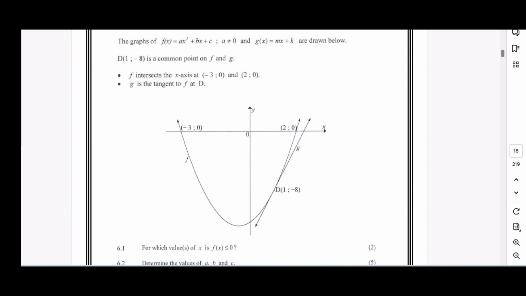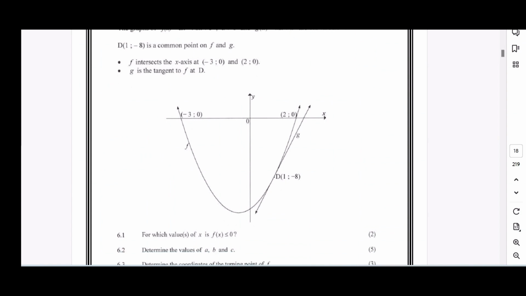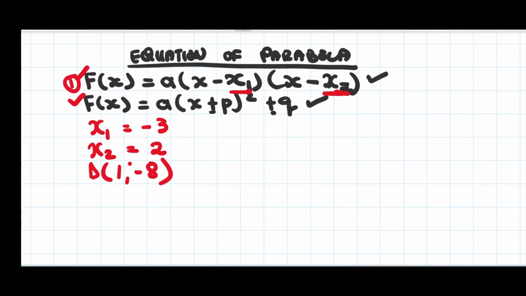Since we are given these points, we can then find the values of a, b, and c. And that is 5 marks. You're not going to sweat if you follow these steps in answering these questions. So we are going to take this form, and we then find the equation of the parabola.